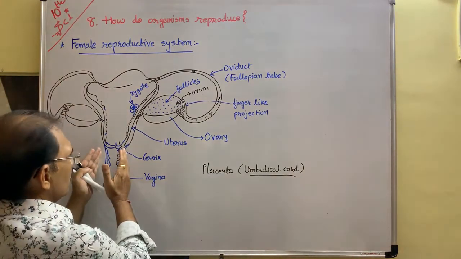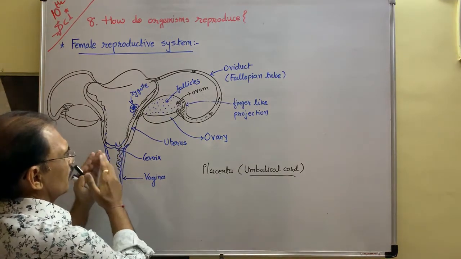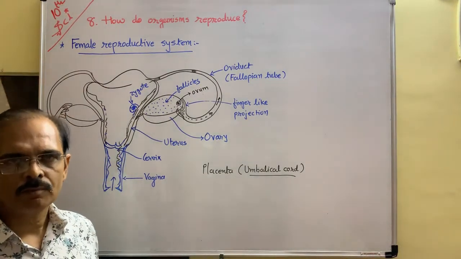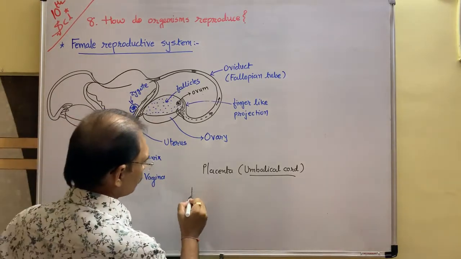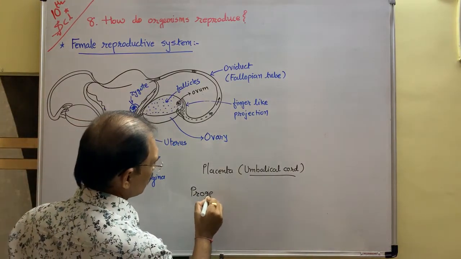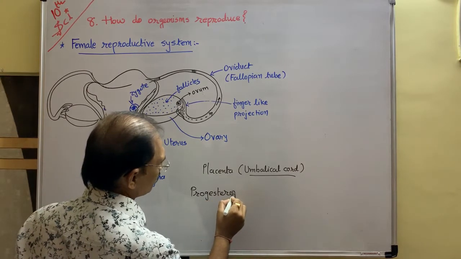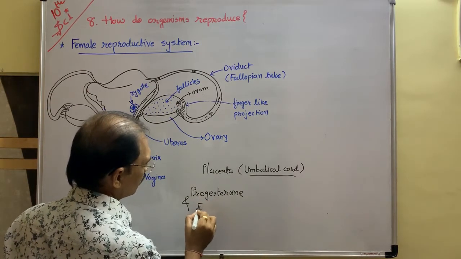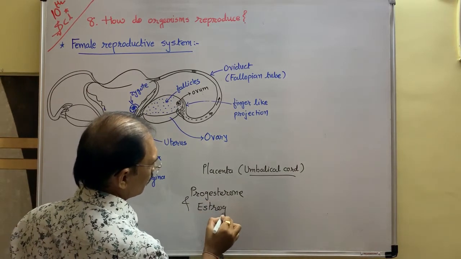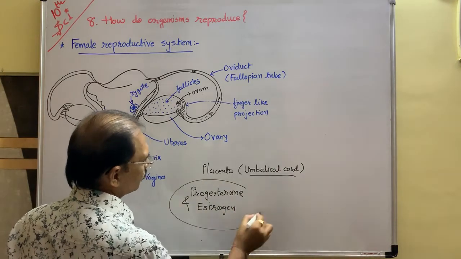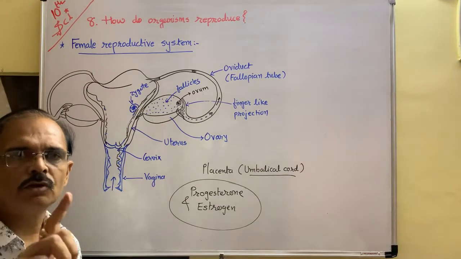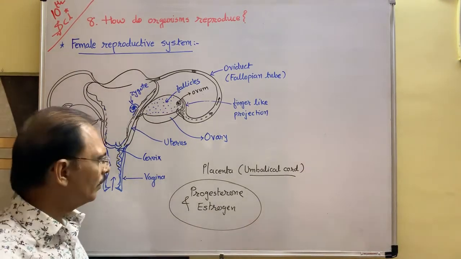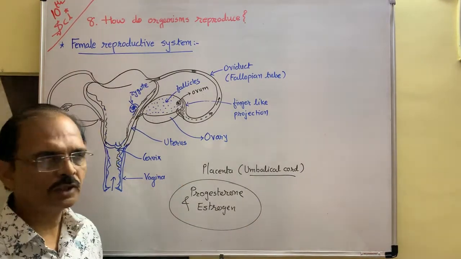Here contraction and relaxation of the vagina start, because the female hormones, progesterone and estrogen, are produced. These two are the female hormones. Male has only one hormone, testosterone, and female has two, progesterone and estrogen.